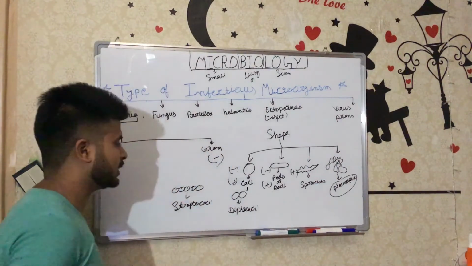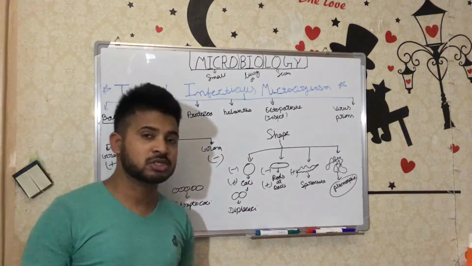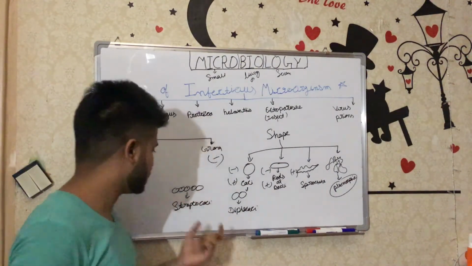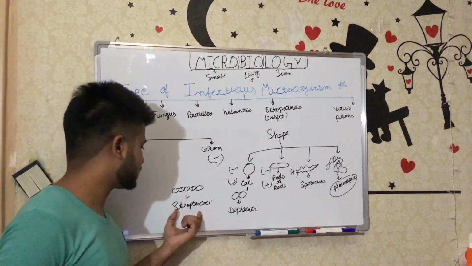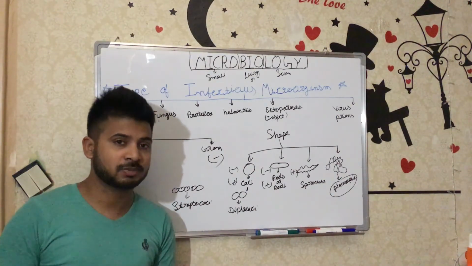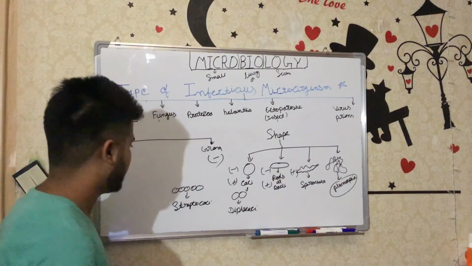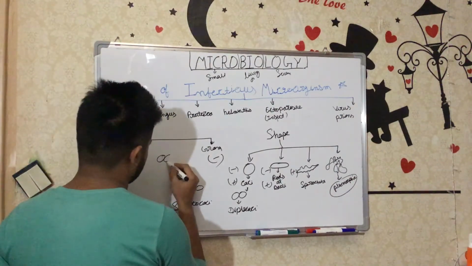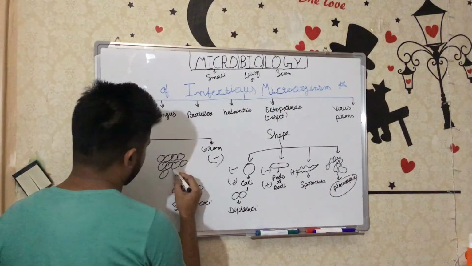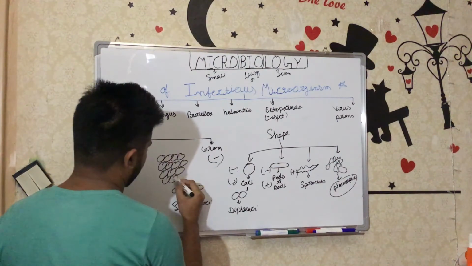Sometimes a question may just mention diplococci, meaning you have to think about which bacteria belong to the diplococci, then it's very easy to answer. The same thing here: if a question just says long chain series, you have to know which types of bacteria belong to the long chain series. And some are in cluster form, looking like grapes.